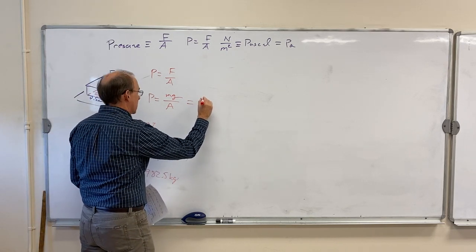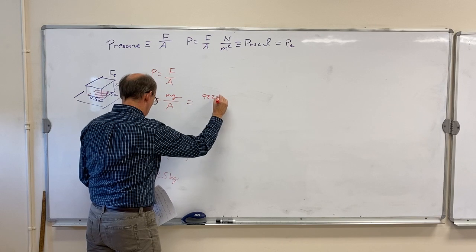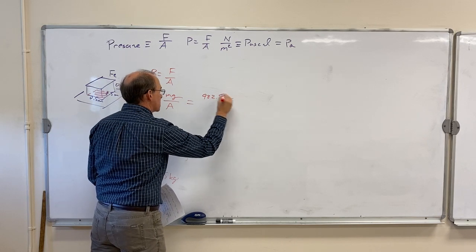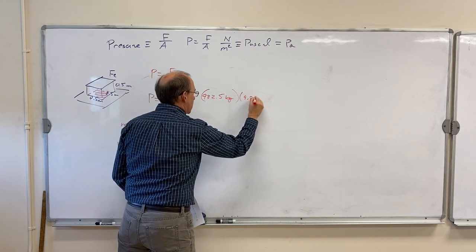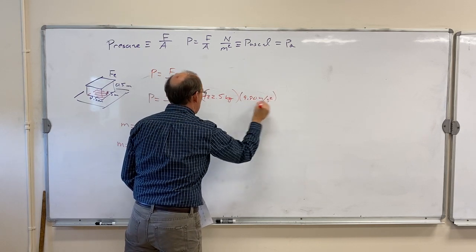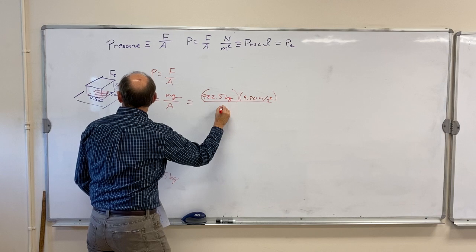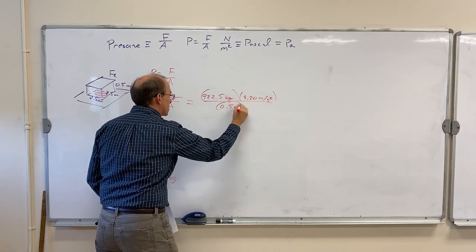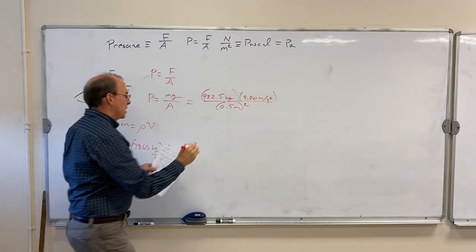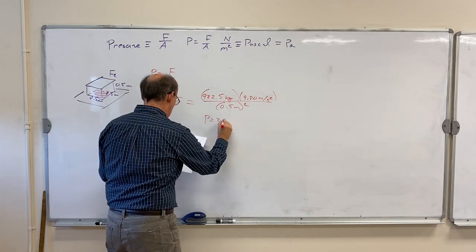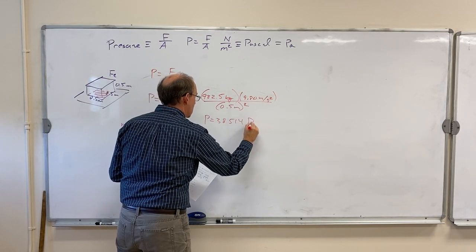So this is now 982.5 kilograms times 9.8 meters per second squared over 0.5 meters squared, and that is 38,514 Pascal.